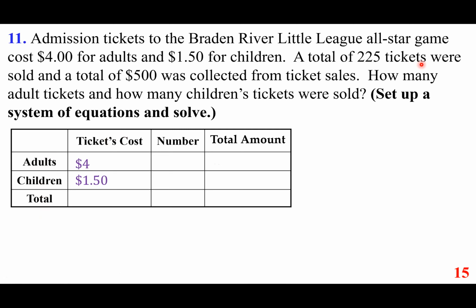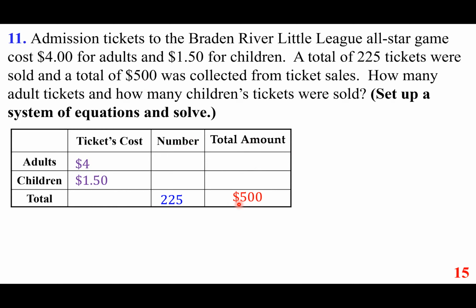Total of 225 tickets. So this is the number of tickets or number of people. The total is given to be 225. Then how much money did we collect? This is the total of money, the total amount of $500. So we put in what we have.